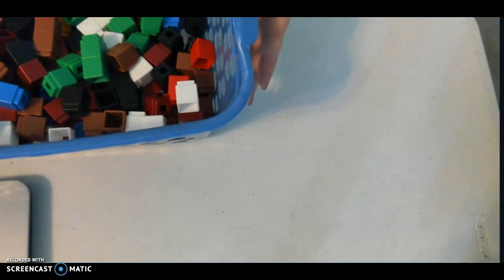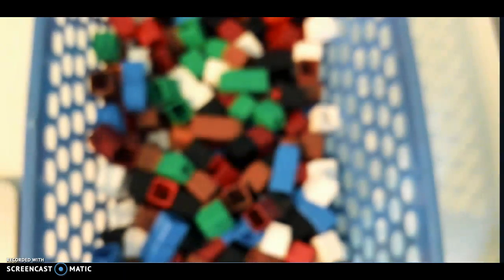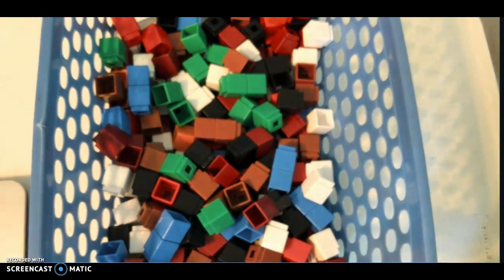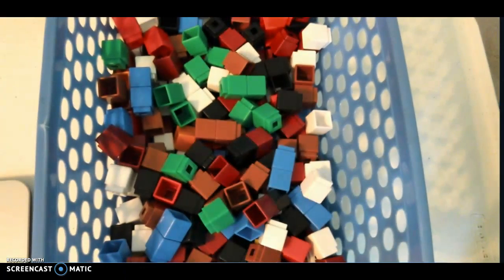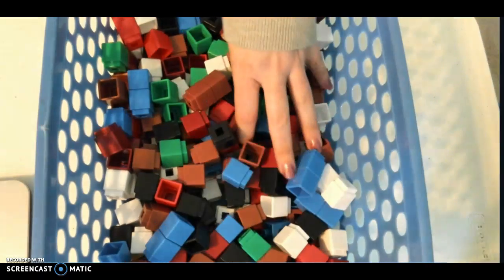All right, for our next task, we're going to use what we're noticing about multiples of 10, or the relationship between a group and a multiple of 10, to organize Mrs. Ward's big jumbly mess of Unifix cubes.